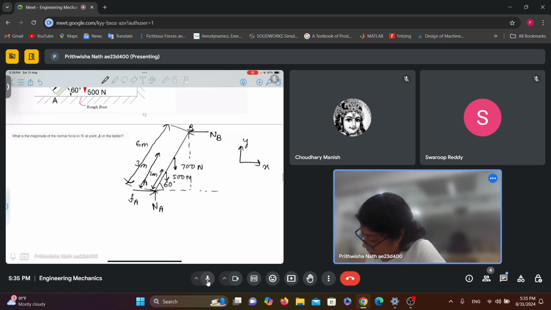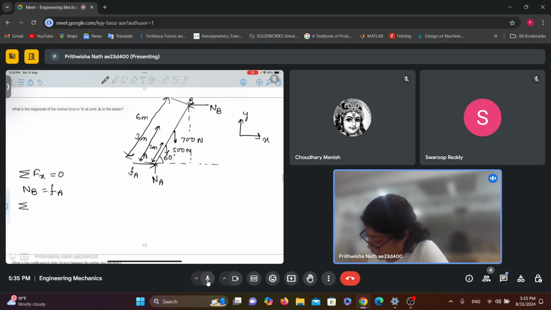So if I write force equilibrium in x direction, it can be seen that NB equals FA, right? Similarly, in y direction it is NA minus 500 minus 700 equal to 0.